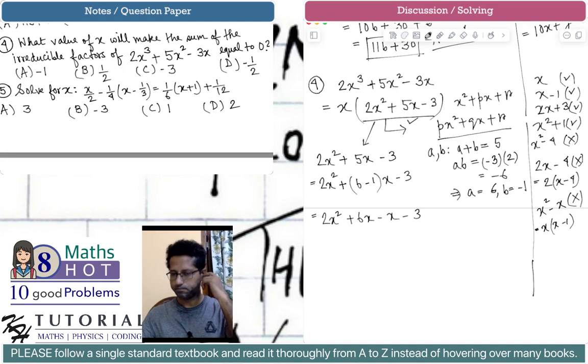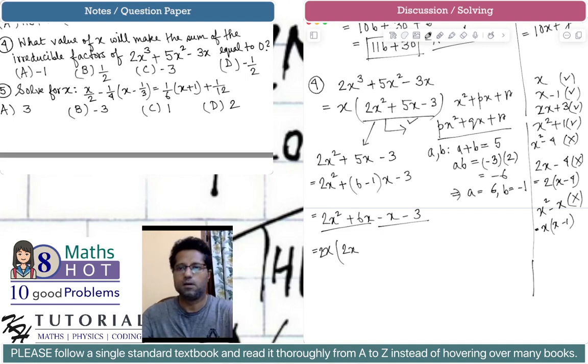Now you will form two groups. This is the first group, this is the second group. From the first group, you can take 2x as a common factor and it becomes 2x multiplied by x plus 3.